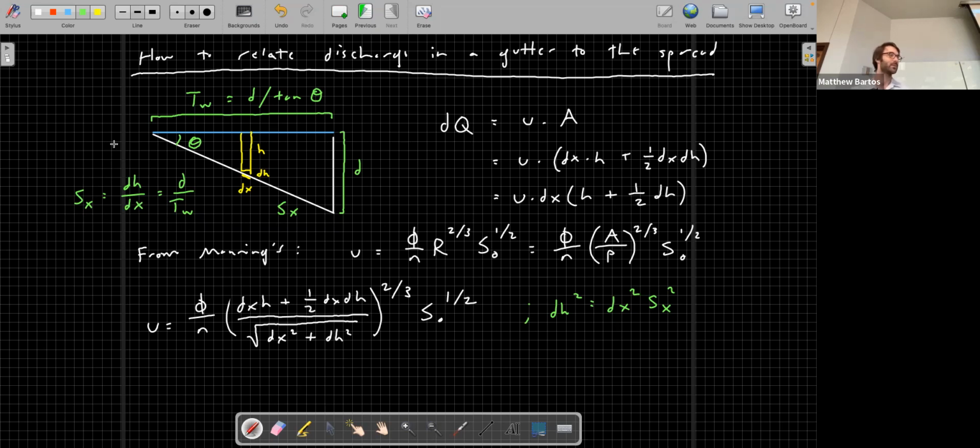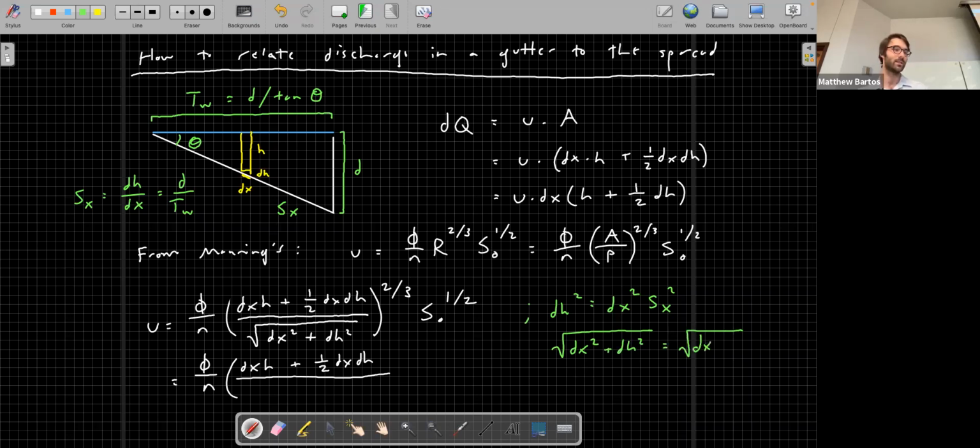So we can substitute that in here. We'll have that u is equal to phi over n times dx times h plus 1/2 dx dh over, and if we substitute this in, dx squared plus dh squared is equal to square root of dx squared plus dx squared s_x squared.